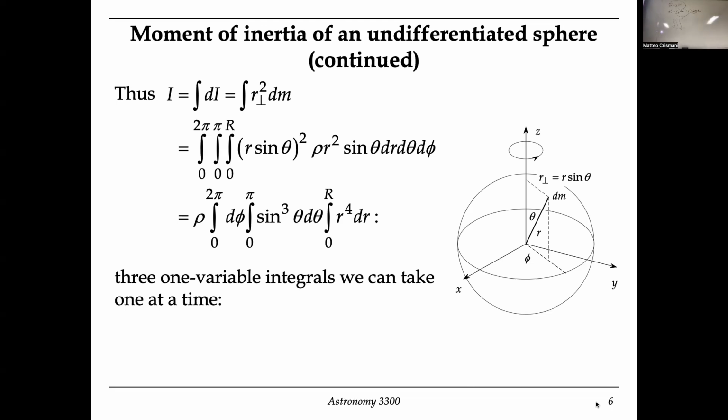For phi, I'm going to go from 0 to 2 pi. But for theta, I'm only going to go to pi. Is that weird? Well, pi is like this, right? So why am I only going halfway for theta?